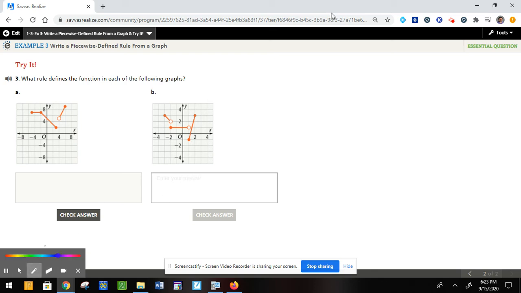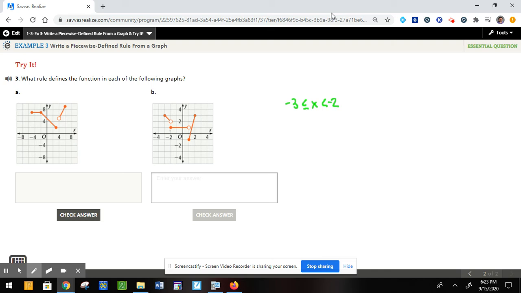Tell you what, I'll even write it in function notation like they have it for this one. So let's first get the, well, let's figure out what the domains are again. So it's -3 to -2. So closed circle first, open circle second.